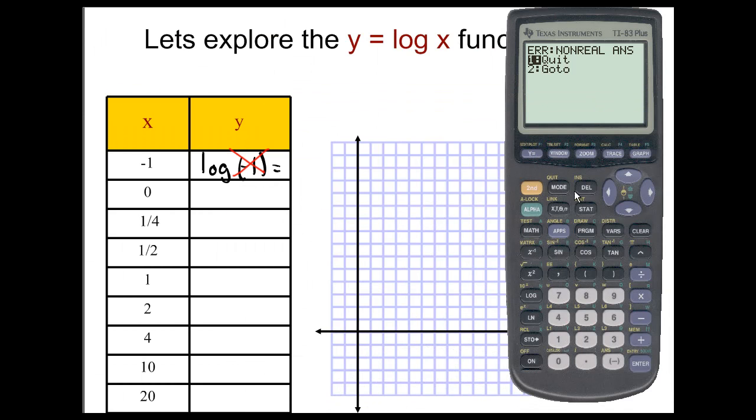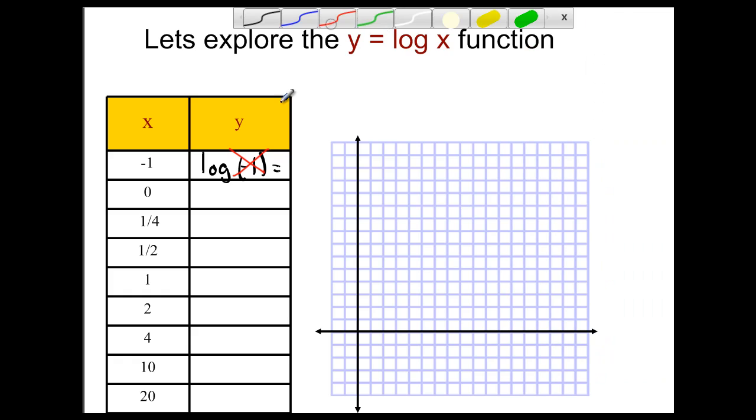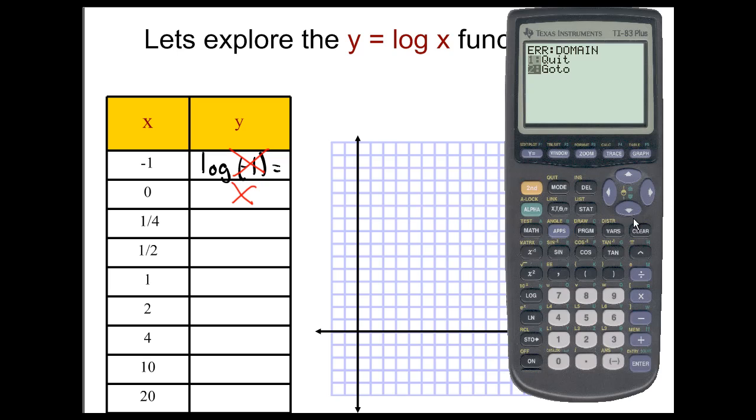So let's try this again. This time what we want to do is take the log of 0. We hit enter and we get a different error, but it doesn't exist as well. So back to our table of values, and we don't have any values. Let's continue on and start plugging in numbers, and hopefully we will get a solution here. So the common log of 1 divided by 4, or decimal .25.